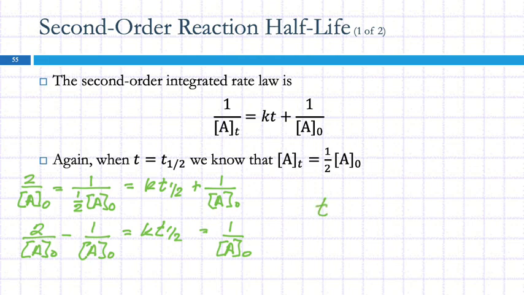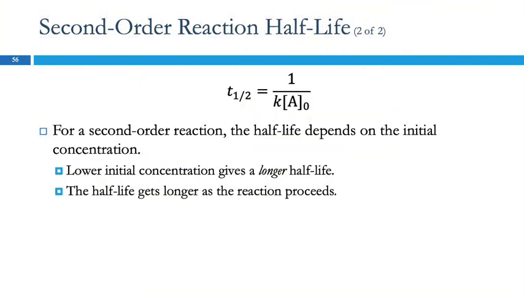So T1/2 will be equal to 1 over the rate constant times the initial concentration. In the second order reaction, the half-life depends on the initial concentration. Lower initial concentration gives you a longer half-life. And the half-life gets longer as the reaction proceeds.